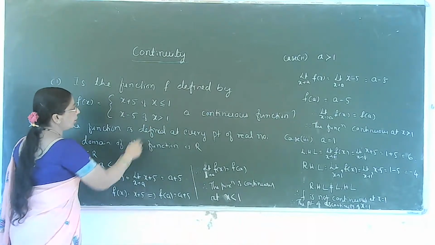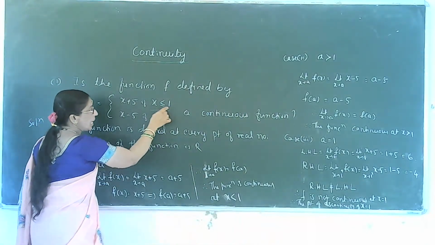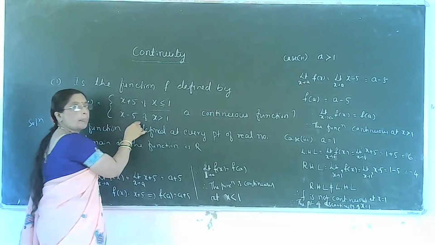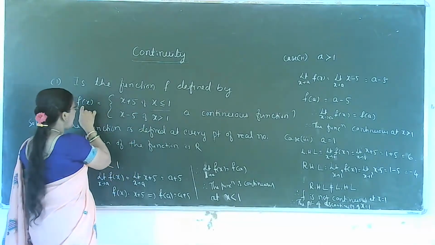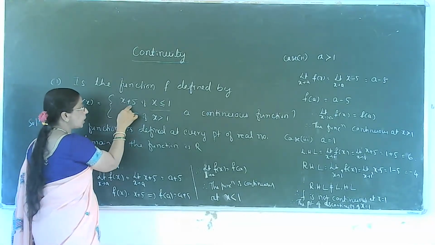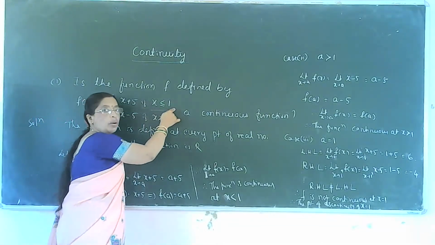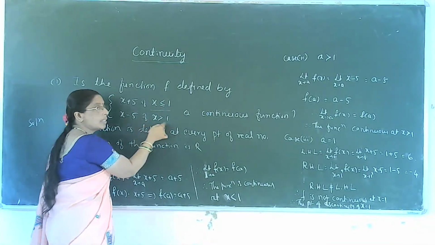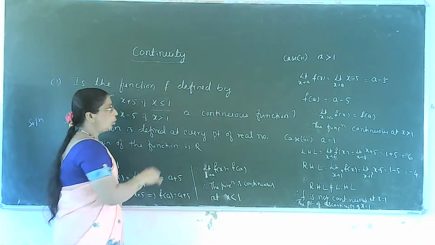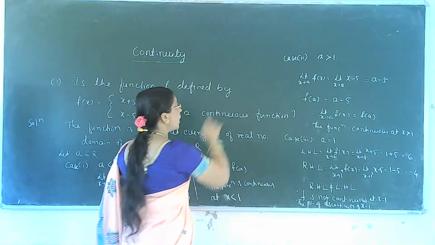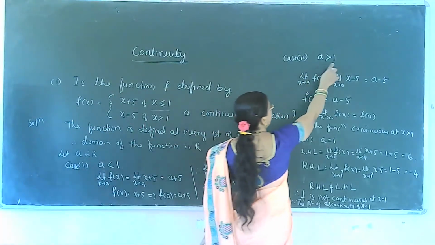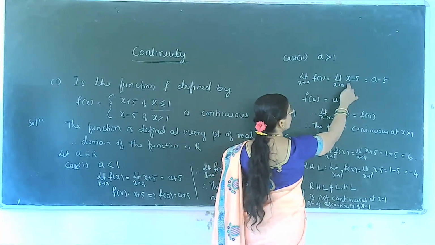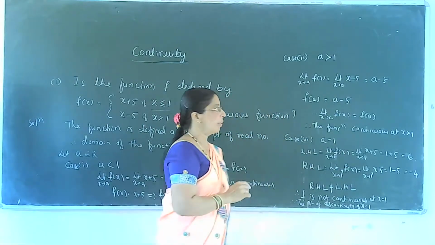You take the case a less than 1. Less than 1 it is the function x plus 5, and greater than 1 it is the function x minus 5, because f of x is x plus 5 if x is less than or equal to 1 and x minus 5 if x is greater than 1. Then you take the case a is greater than 1, limit of x tends to a, f of x is x minus 5.